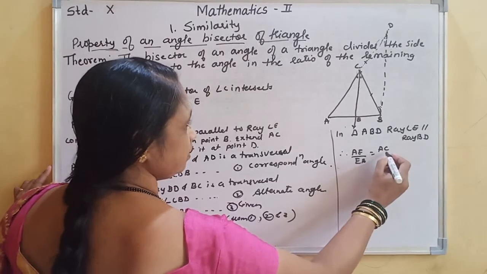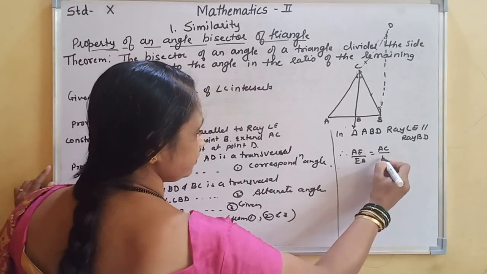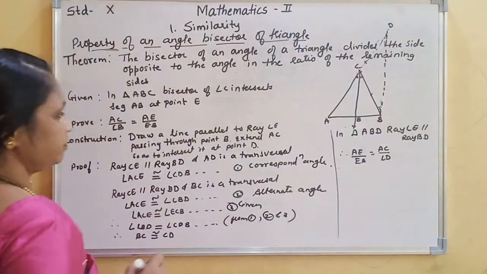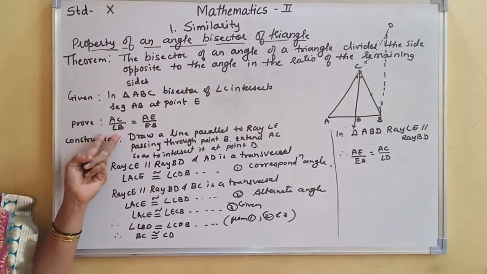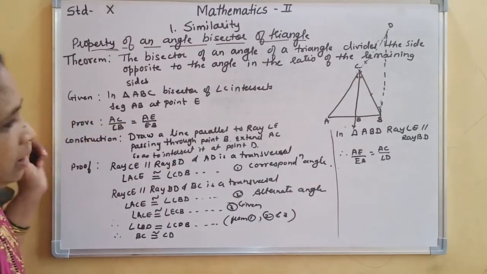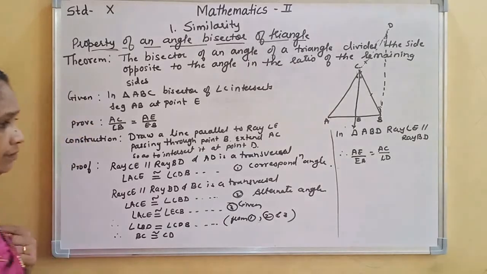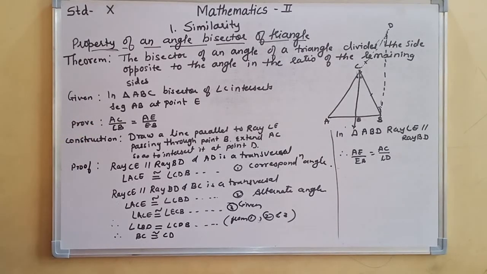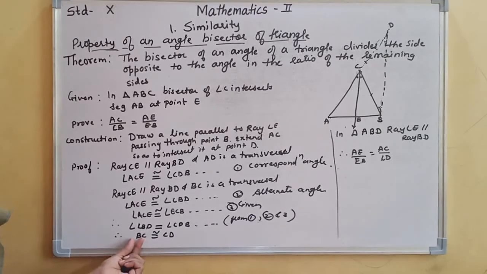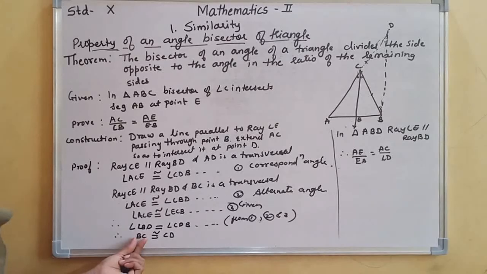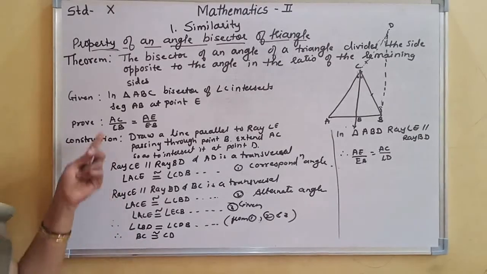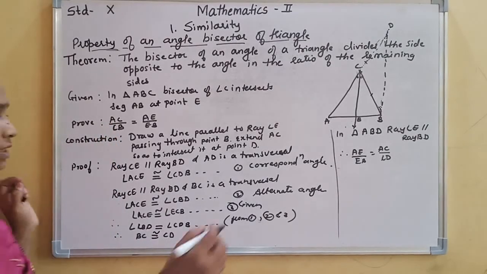Therefore, AE upon EB is equal to AC upon CD. Here we have said CD is equal to BC, so what we get is AC upon BC.